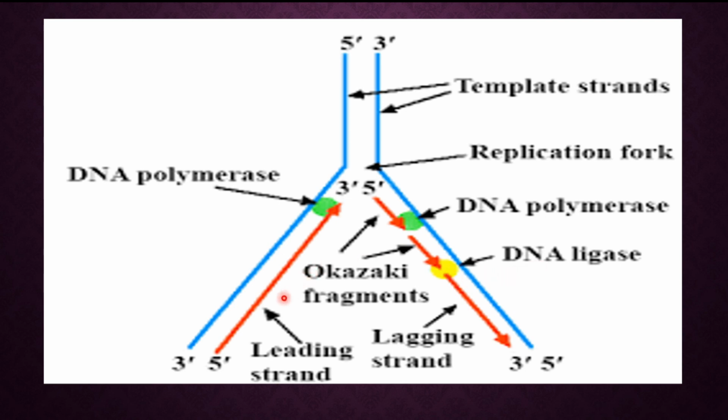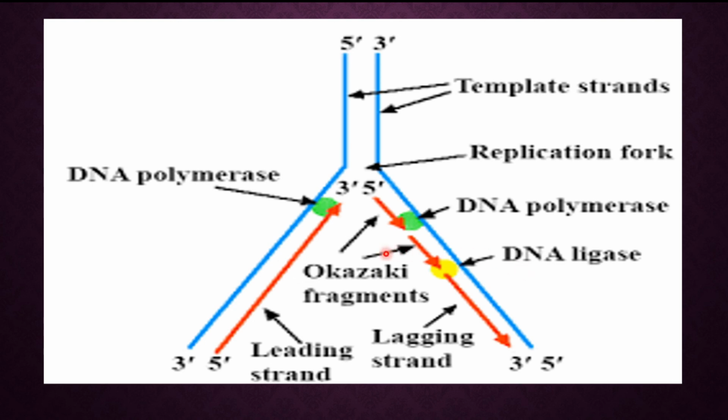So here strand formation is taking place at a faster rate in a continuous manner, but here it is in the form of small fragments. Those fragments are called Okazaki fragments, and later on these fragments get joined with the help of one enzyme called DNA ligase.